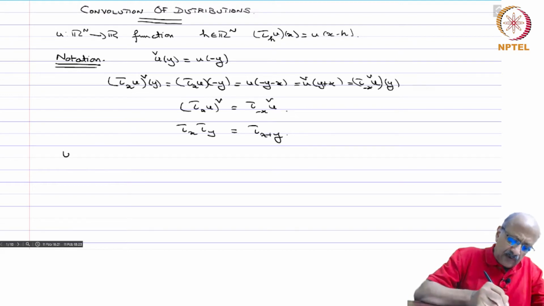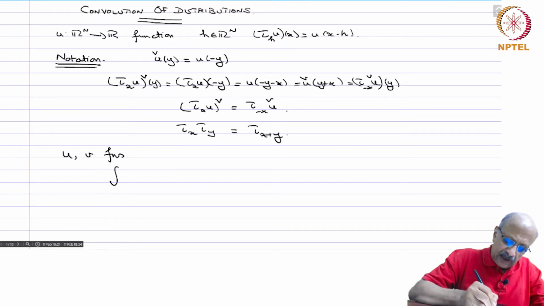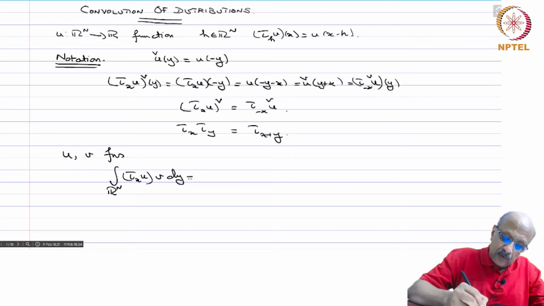So, if u and v are two functions, locally integrable for instance, let us take the integral over Rn of tau x of u into v dy. This is equal to the integral of u of y minus x v of y dy over Rn.